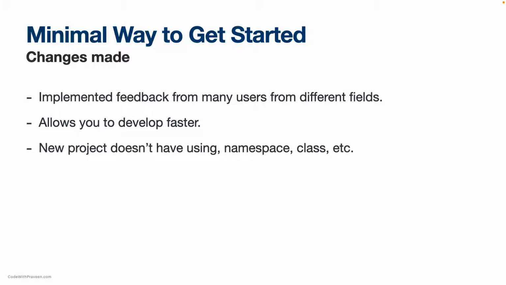They achieve this by removing some of the common ones like using namespaces and the namespace declarations, classes, the main methods, and so on. Hence, when you create a new project, you are not going to get all these like the way we used to see before. You just need to do the main coding that is required as per your business logic.